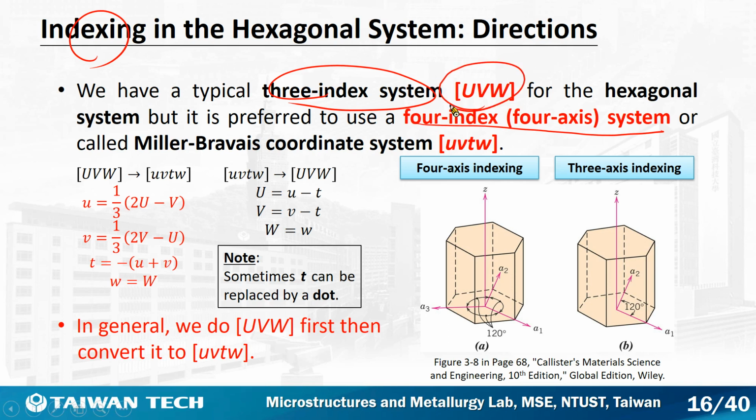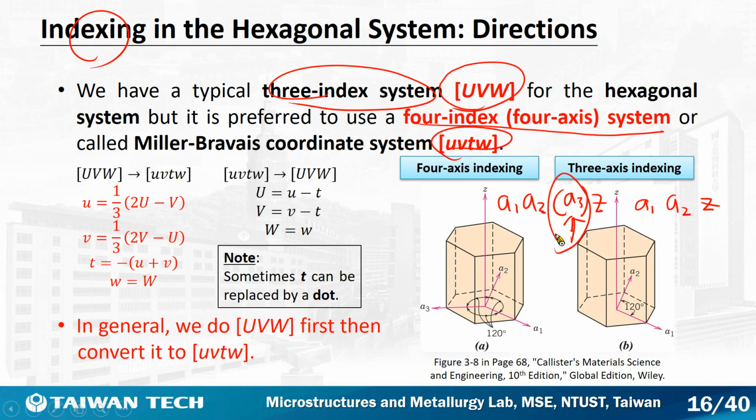And for the hexagonal system, we can use UVTW. As you can see here, this is for the 3 axis system, a1, a2, and z. And here we can use a1, a2, a3, and z. This is the extra one.